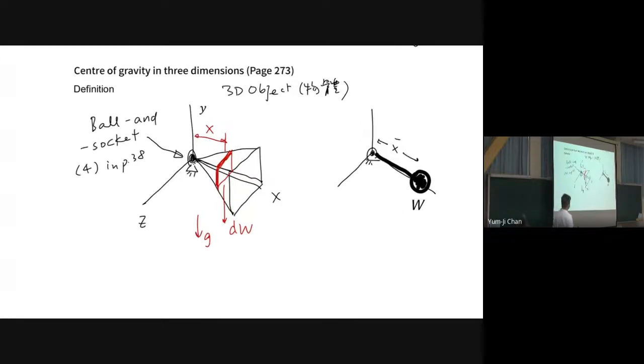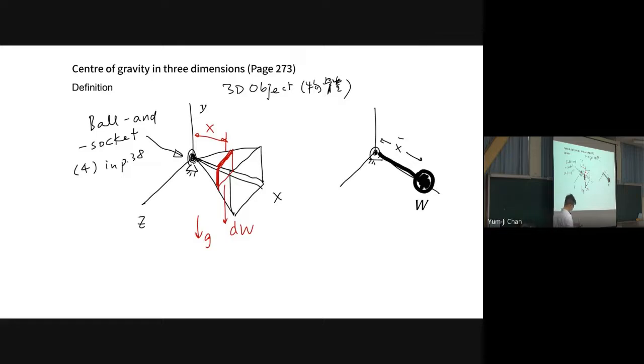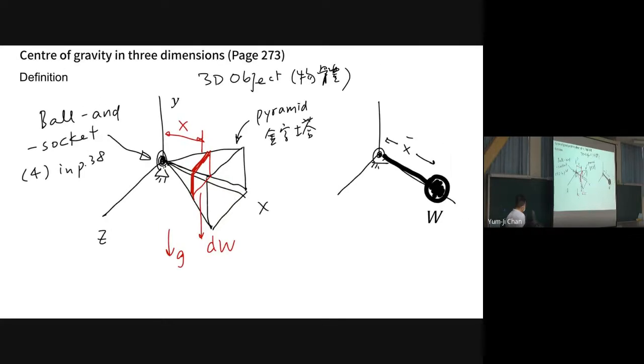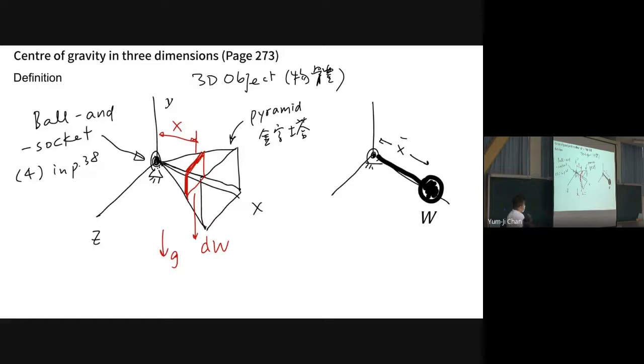And now we have, for example, something like a pyramid here, and we want to determine the center of gravity of this pyramid.